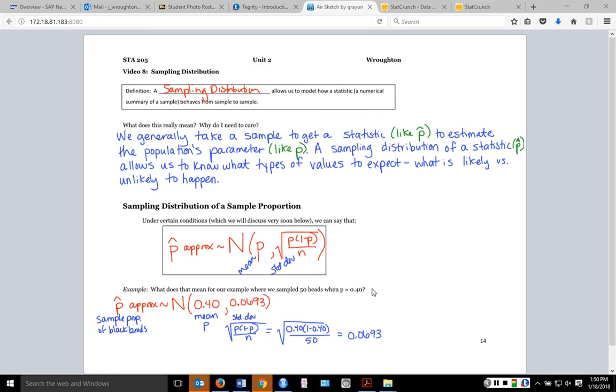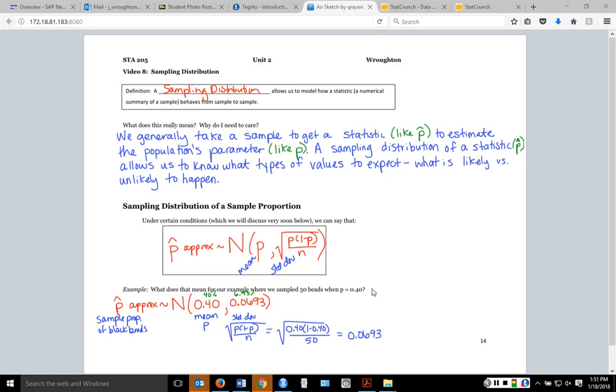So that's my number that goes up there. Basically we're saying the mean is 40%, and the standard deviation is 6.93% once I change those two to percentages.